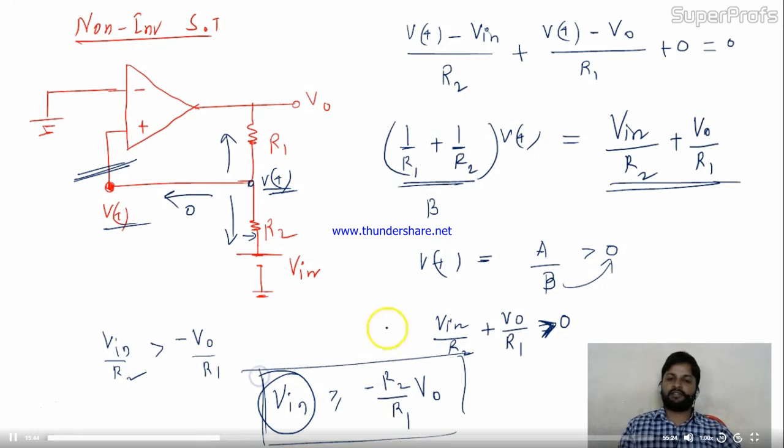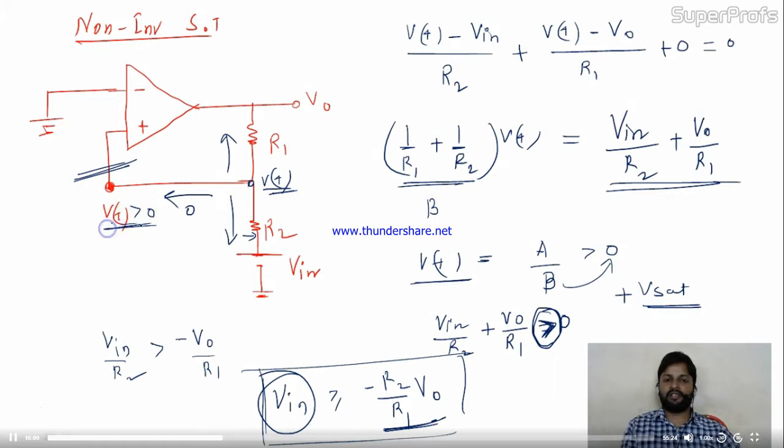If V in is greater than this, then only what will happen? We'll get the plus V saturation. Why? Because if you remember, we considered the greater than condition. What this greater than condition says is that Vt is greater than 0. If this Vt is greater than 0, definitely your output will switch to plus V saturation.